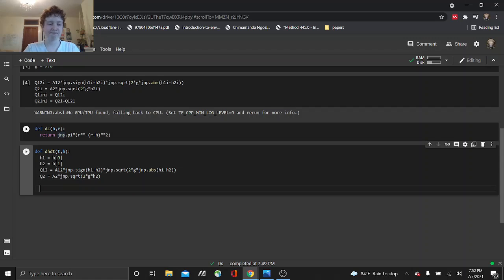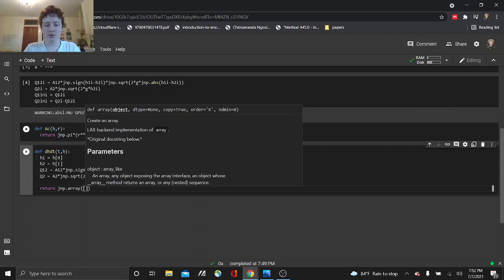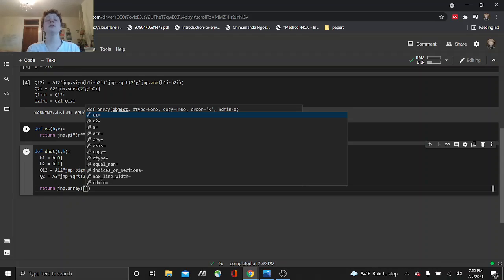This time we're going to have the square root of 2 times acceleration due to gravity multiplied by h2 at any time. And this is going to return to us a nice little array. What's in this array is basically going to be that differential equation that I showed you at the beginning of this video, where it's essentially the change in volume of the tank divided by the change in height.